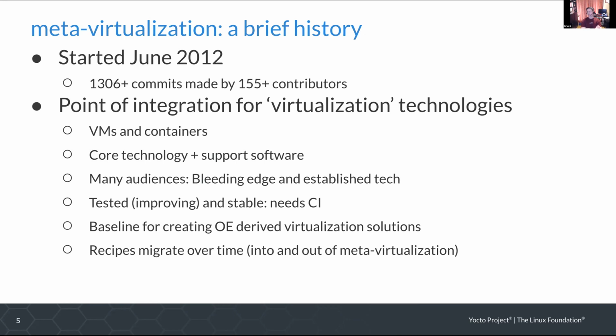So we have virtual machines and containers, and we have the core technology, which at this point is KVM, which is in the kernel, Xen, or a container runtime like runc and variants. Those are the core technologies, plus the supporting software, which is everything from networking plugins to configuration to package lists around deploying a containerized system.